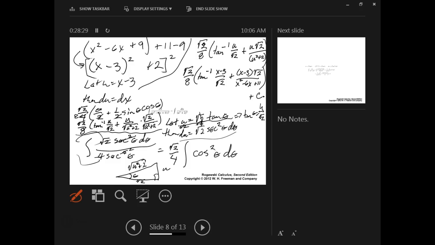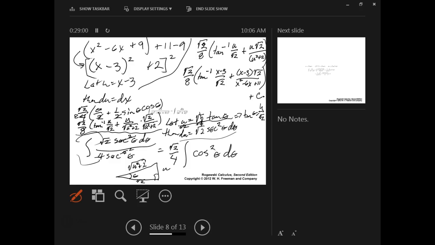It's the same, because if you multiply this by root 2 over root 2, that would be 2 over 8 root 2. The 2s cancel, and it's 4 root 2, 1 over 4 root 2. But all your life you've been told to rationalize denominators, so they wrote it otherwise. That's the same value. Inverse tangent of x minus 3 over root 2 plus.